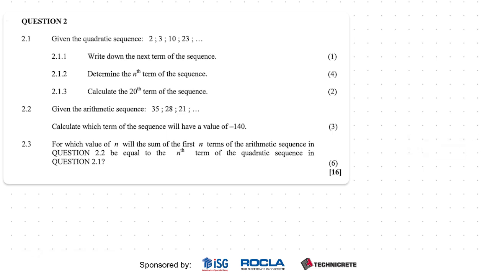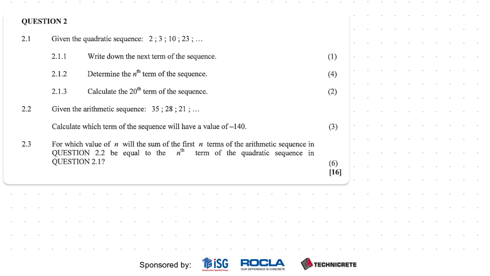So starting off with question 2.1, they give us a quadratic sequence. Now, this is a bit of a tricky question because in our formula sheet, we're not given the form of the equation that represents a quadratic sequence.